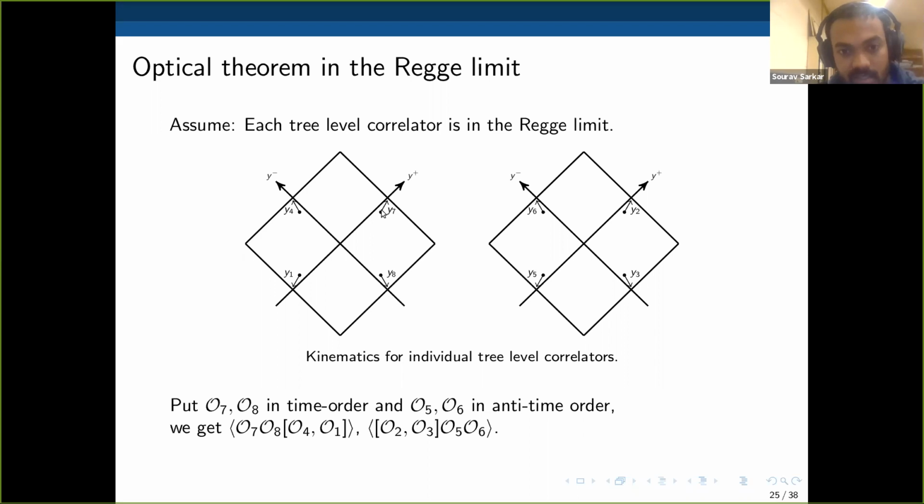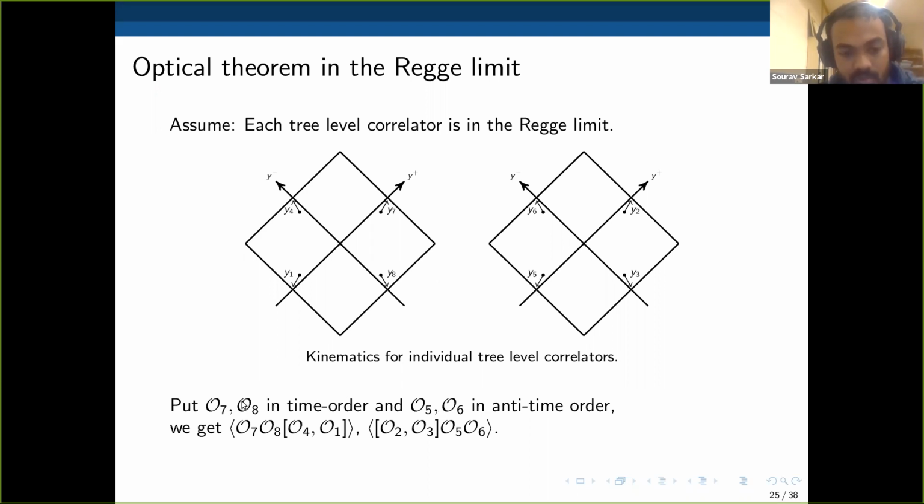So 7 and 8 might appear to be new points, but these are basically there because of the shadow transform. I'm shadow transforming 7 to 5 and 8 to 6. And now in the optical theorem, we also rotate the points 7, 8, and 5, 6.